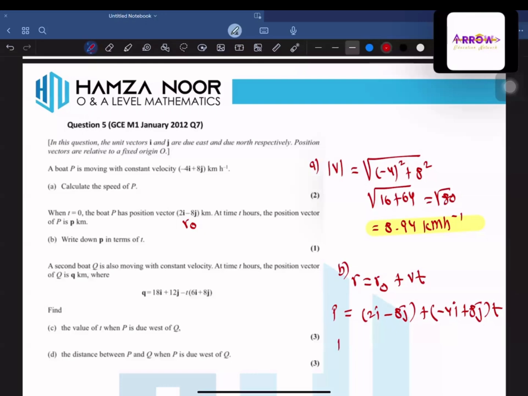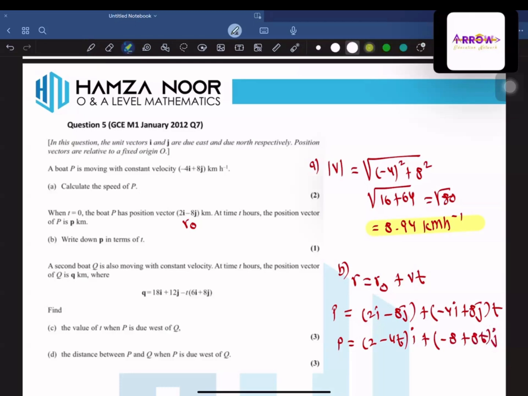But as you know, a usual practice is to identify the coefficient of i and the coefficient of j in terms of t, which is quite helpful for the upcoming parts. So what you can do is take i common, multiplied by 2 minus 4t, and then taking j as common, multiplied by minus 8 plus 8t.